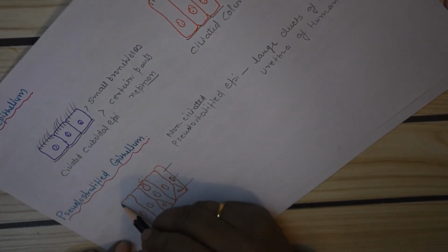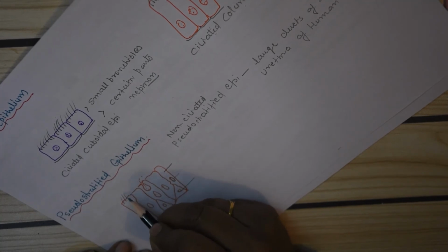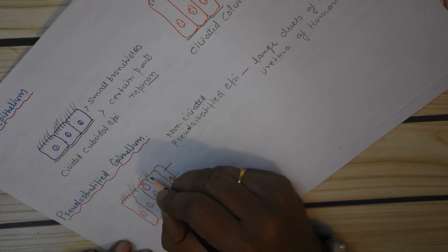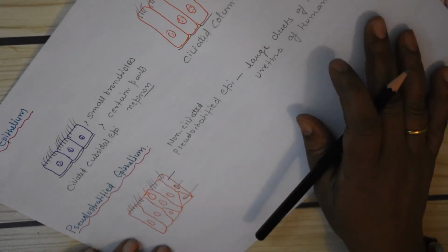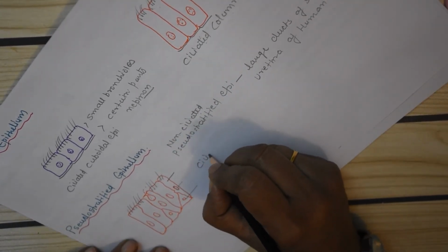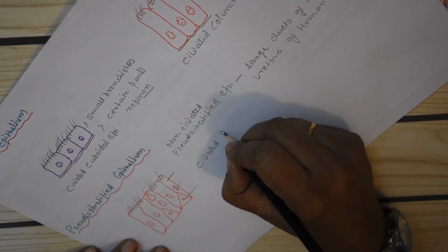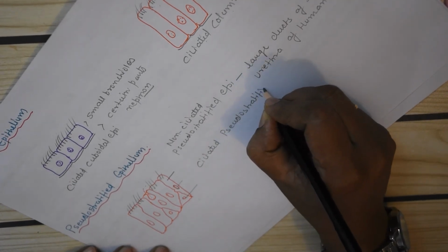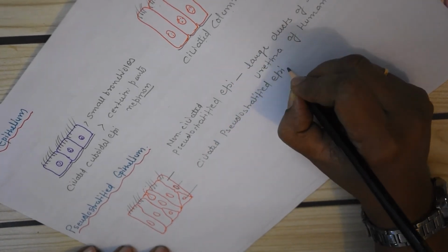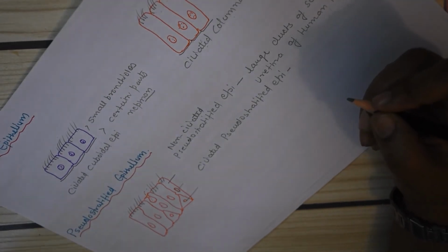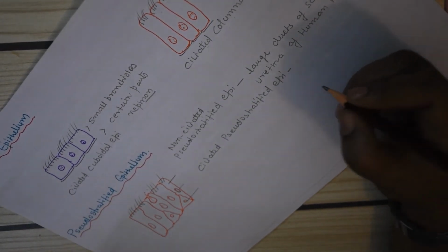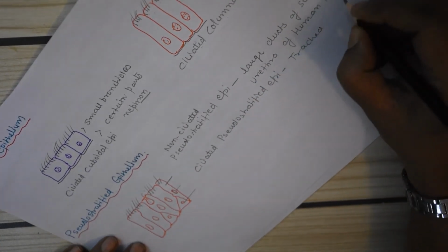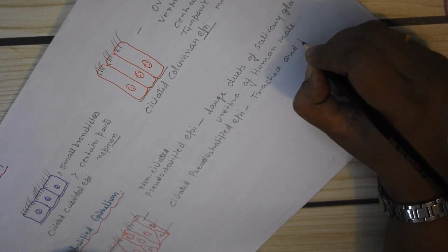Pseudo-stratified epithelium can have cilia over the free surface of the cells, and in this case it is called ciliated pseudo-stratified epithelium. This type of epithelium is found in the trachea and bronchi.